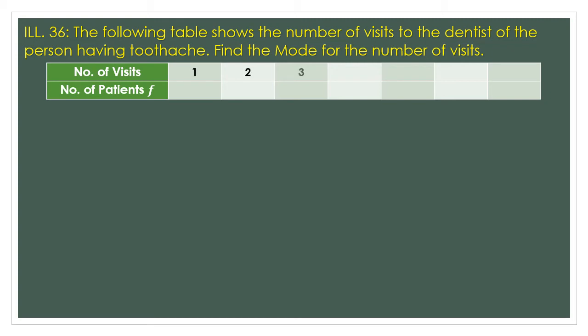As you can see in the data here, the first 3 values are discrete while the remaining 3 values are continuous in the number of visits. So we call this a mixed frequency distribution. And one of the rules of using the empirical method for calculating mode was that if a mixed frequency distribution is given, use the empirical method. So because this is a mixed one, we are going to use the empirical method.